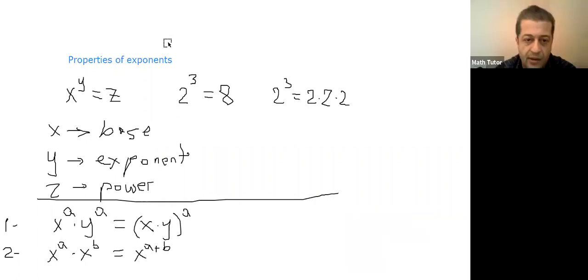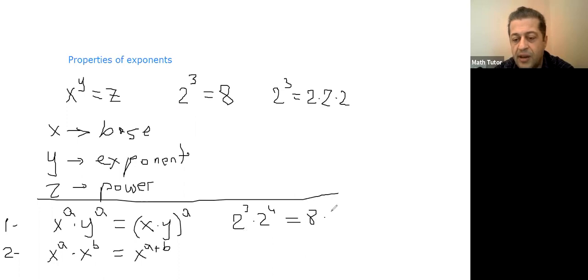Here I'm making the operations. Let's take 2 at power 3 times 2 at power 4. The first method is without using any property, making the operations regularly. We find first 2 at power 3, which is 8. 8 times 2 at power 4, which is 16.